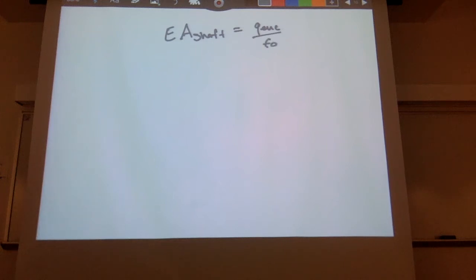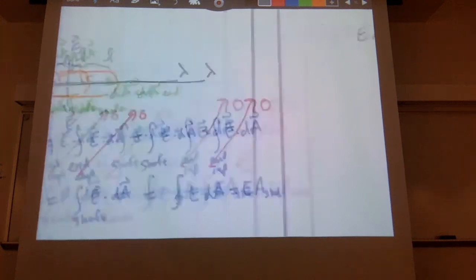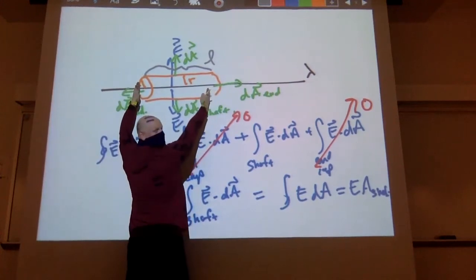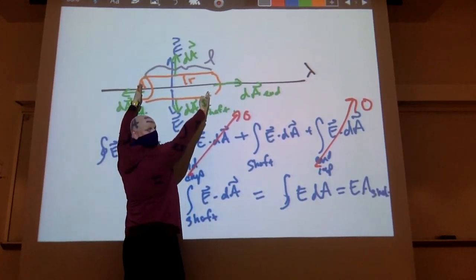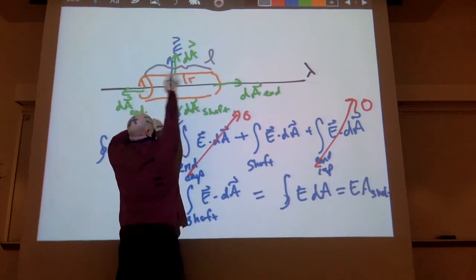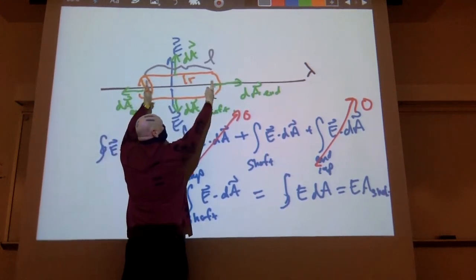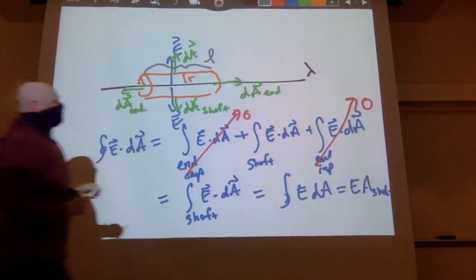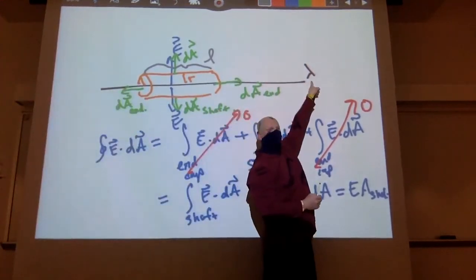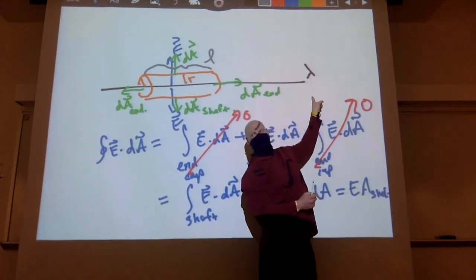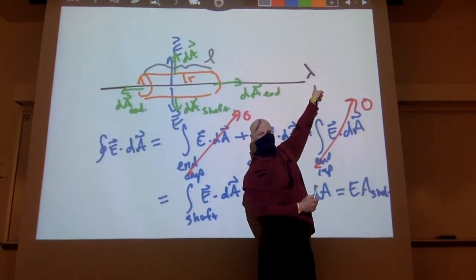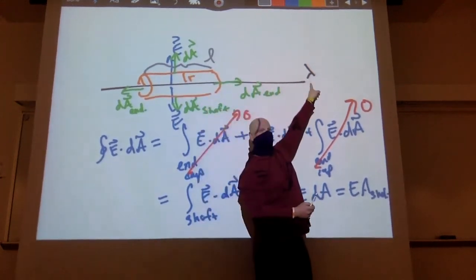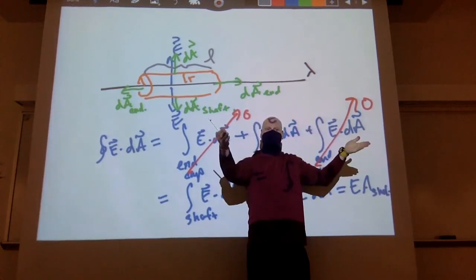Now, the next question is, how much charge is enclosed? Well, if this is my Gaussian surface, the amount of charge which is enclosed is the amount which is inside of that cylinder. But what I also know is that this thing has a linear charge density lambda of Q over L, which means to find the total charge enclosed, I have to take lambda times the length of that shaft.